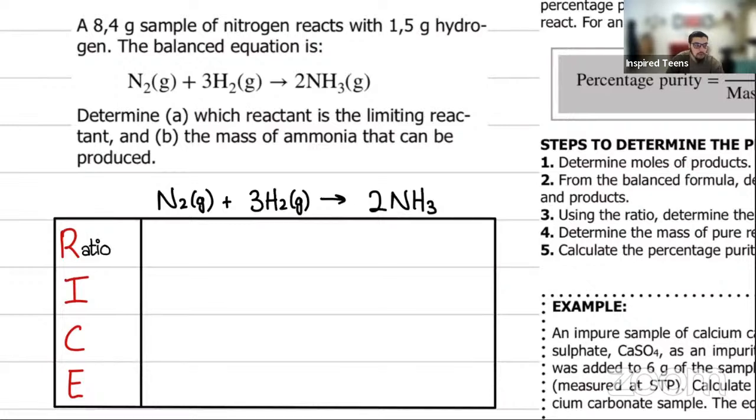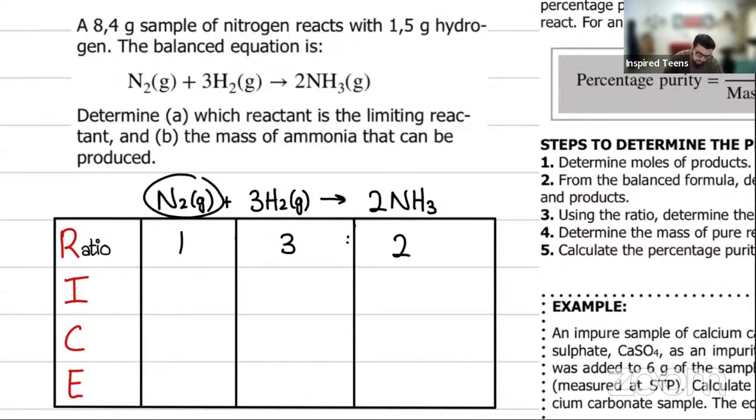When we talk about ratio, we're talking about molar ratio, which means the coefficients of each chemical formula. So the ratio here is a 1:3:2 molar ratio. Basically we have 1 mole of N2 that needs to react with 3 moles of H2 to form 2 moles of NH3.